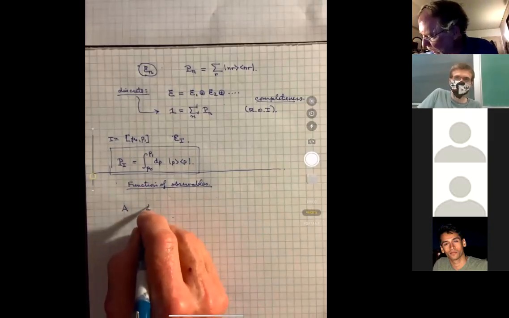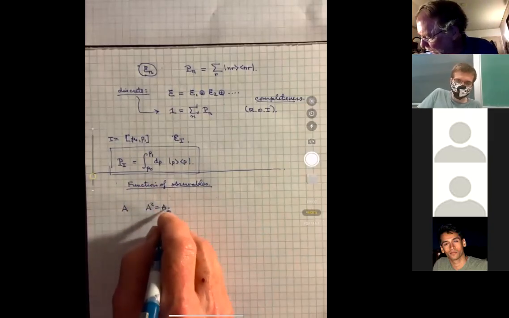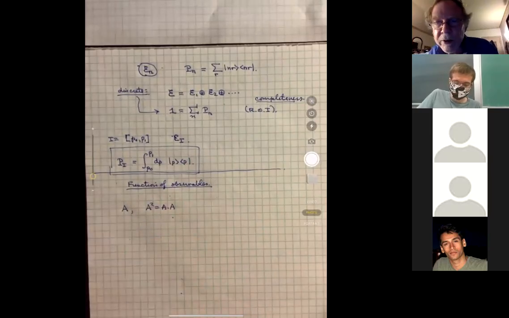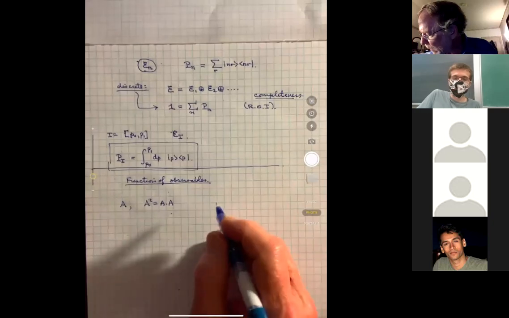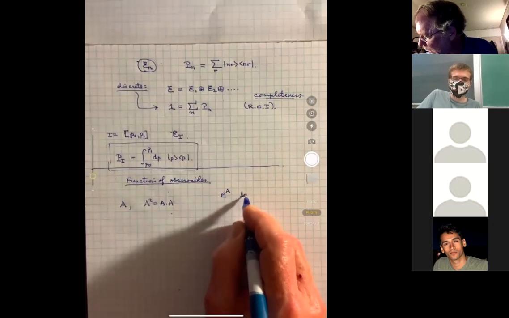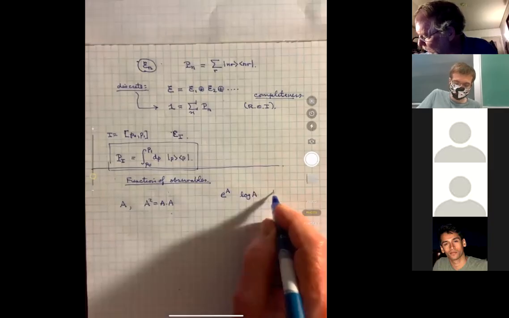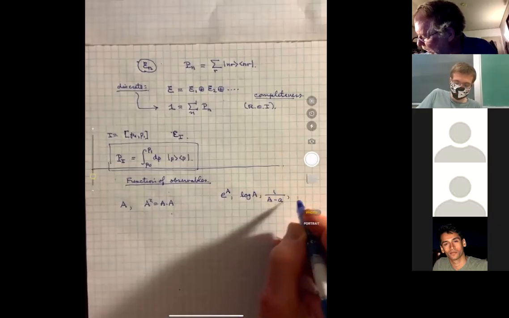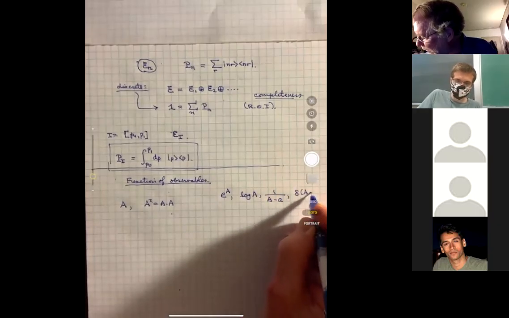For example, A squared is just equal to A times A. You can multiply operators, so that makes sense. In fact, any polynomial of the operator is also clearly defined because you multiply by scalars as well. But what about other functions such as the exponential of an operator or the log of an operator? Or how about 1 over A minus a? These are possibilities here. Or how about a delta function of A minus a?